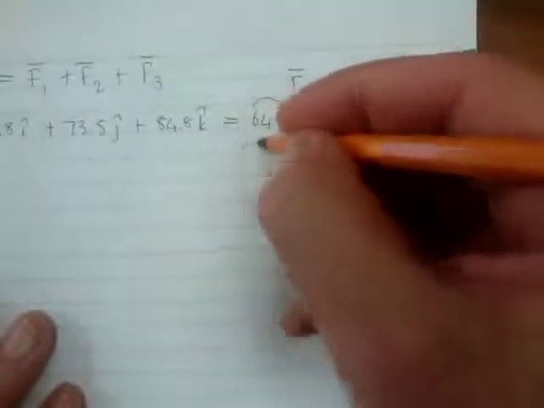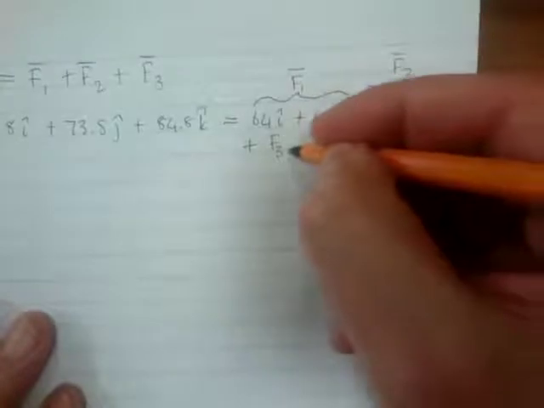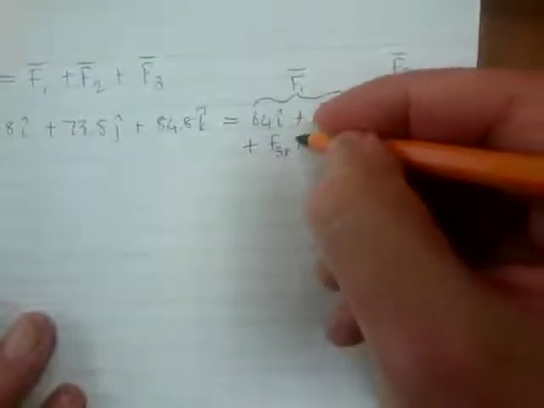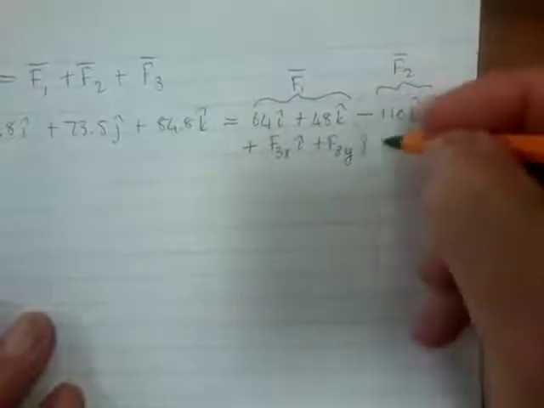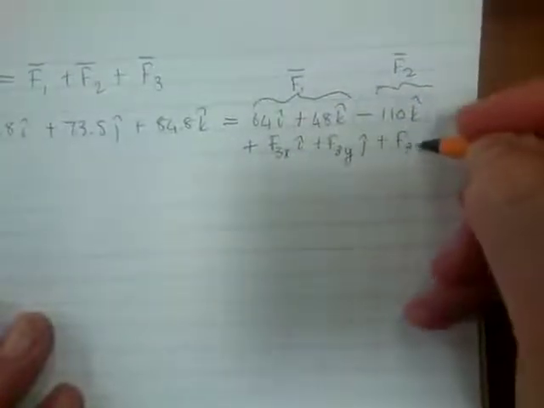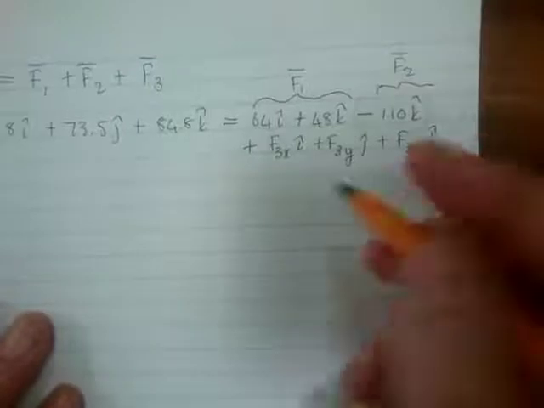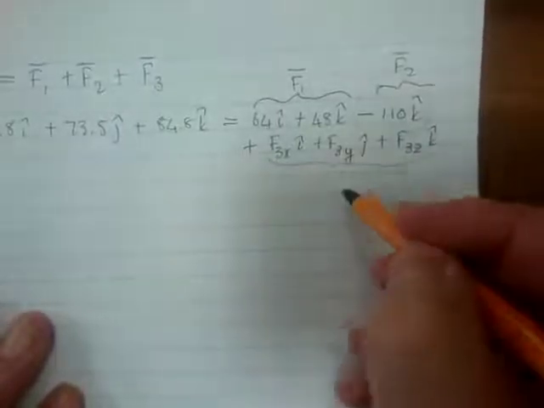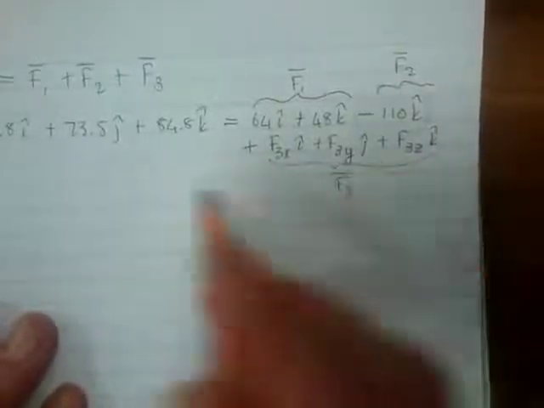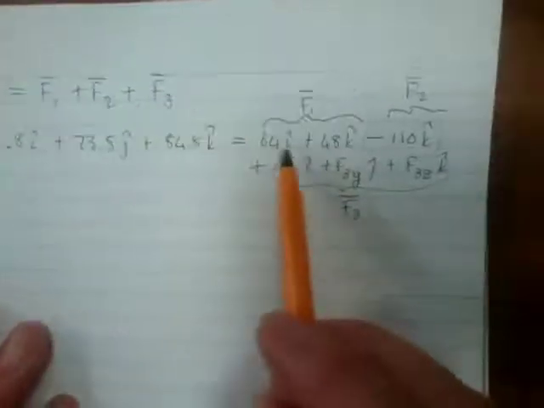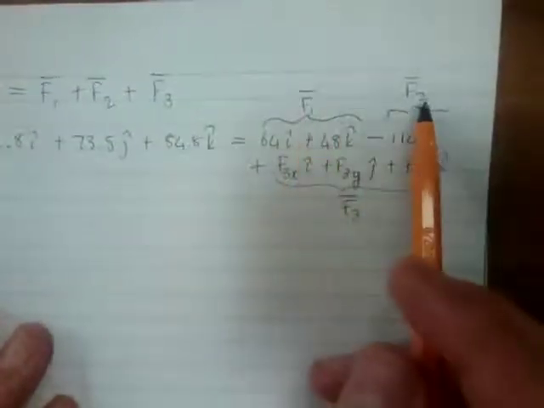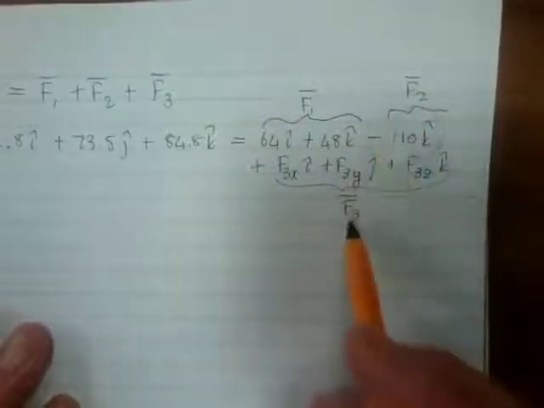And then we add F3x in the i plus F3y in the j plus F3z in the k. And obviously that is my F3. So FR in vector form should equal F1 plus F2 plus F3 in Cartesian vector form.